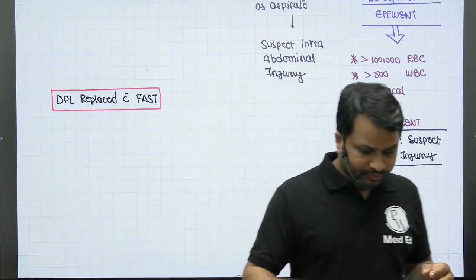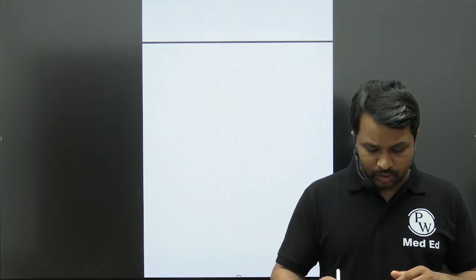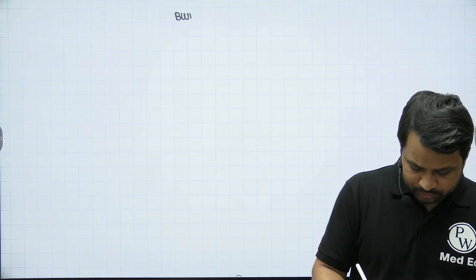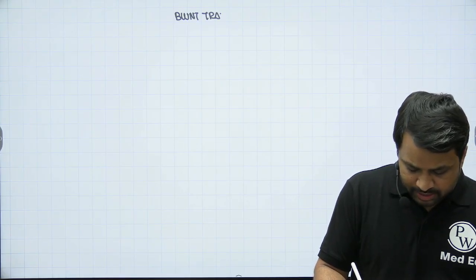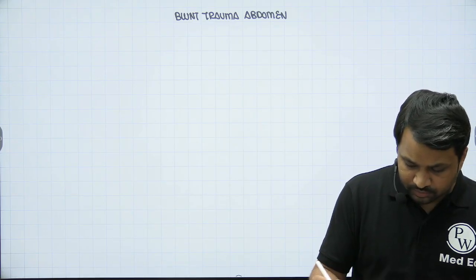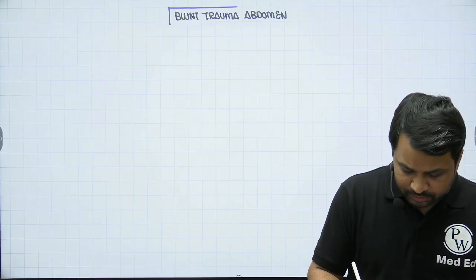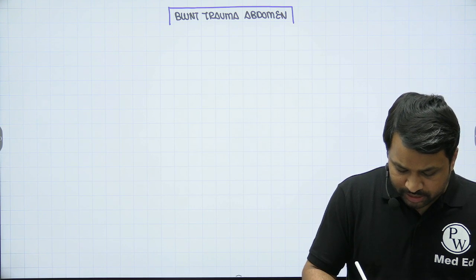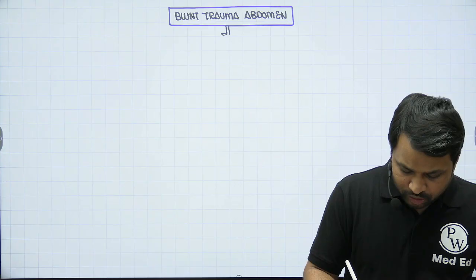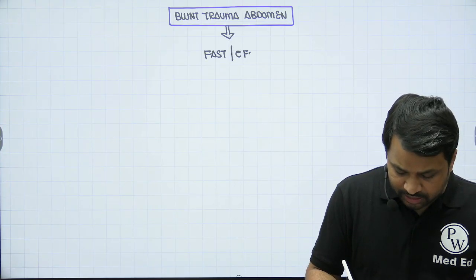Clear? Now, coming back to our protocol, if the patient comes to you with blunt trauma abdomen, how are you going to deal with it? Any patient who lands in the casualty with blunt trauma abdomen, the first thing we do is perform FAST, either FAST or E-FAST.